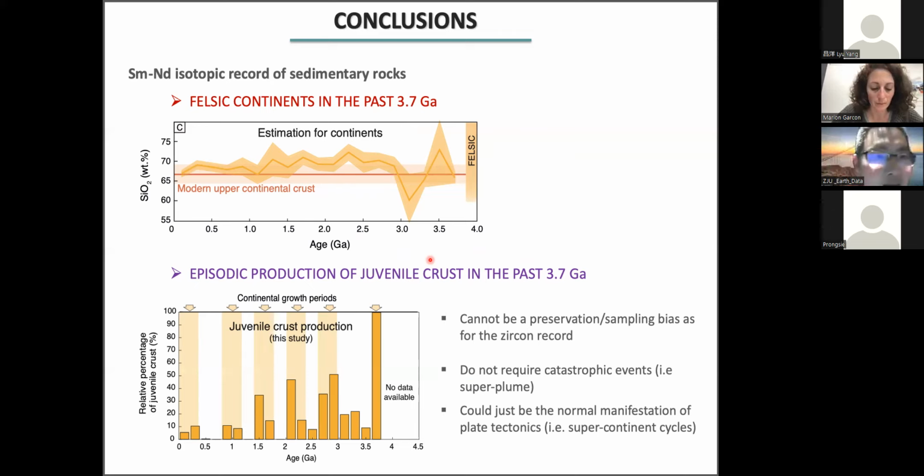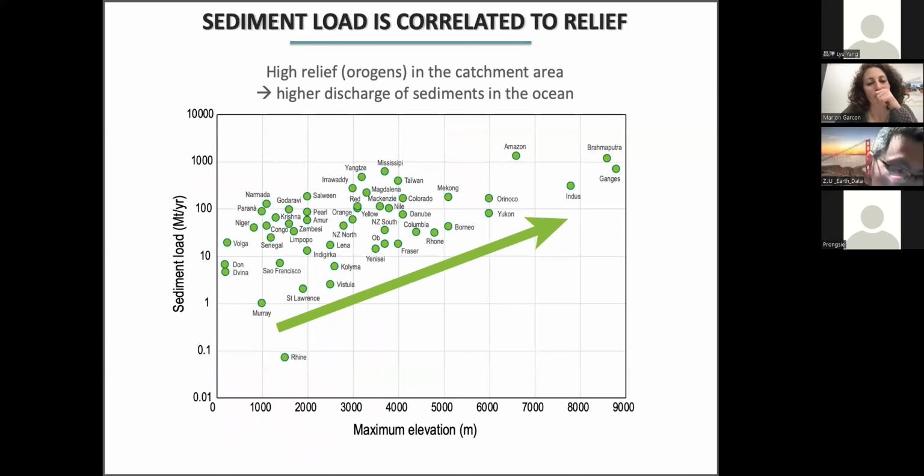Okay, so I have a curious question about your plot showing the elevation and the erosion relationship for different rivers in the world, by which I mean the sediment load. Do you think that human activity has a great impact on the sediment load? Because I believe almost all the rivers in the world are heavily impacted by that.